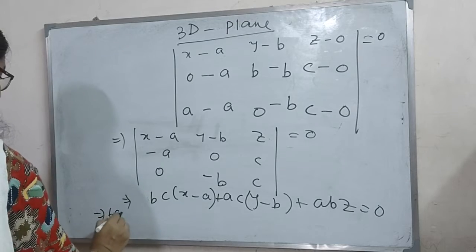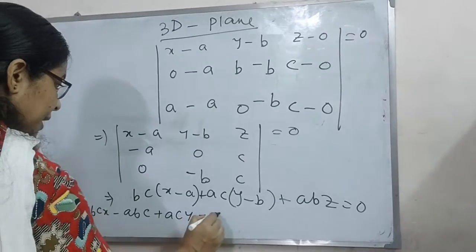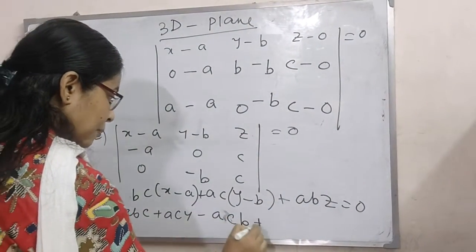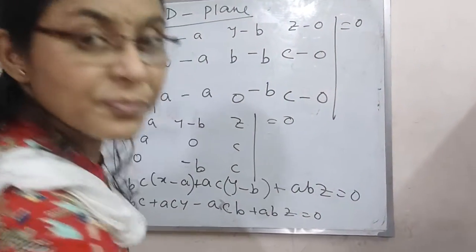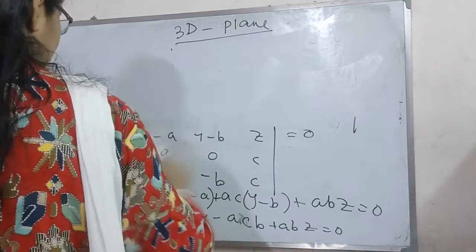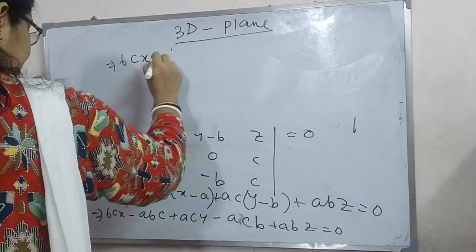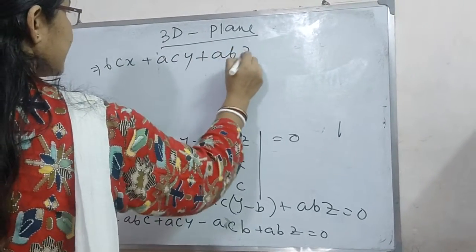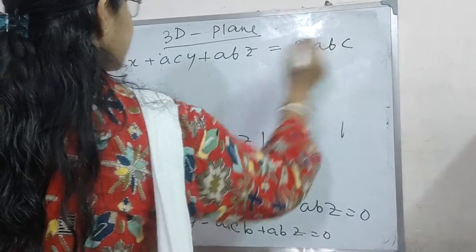So bcx minus abc plus acy minus abc plus abz equal to 0. That gives bcx plus acy plus abz equal to 2abc.